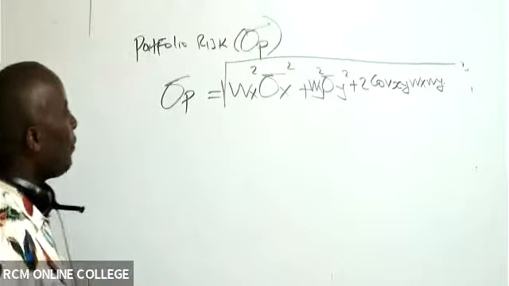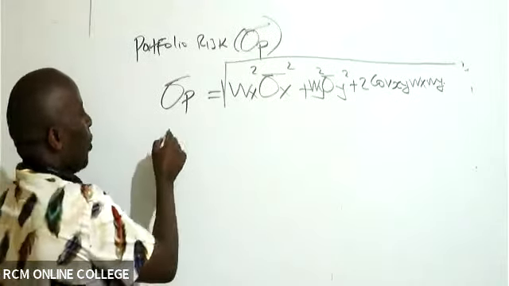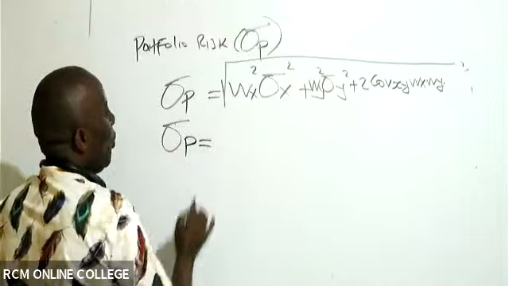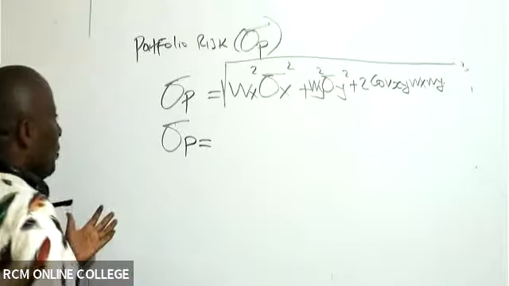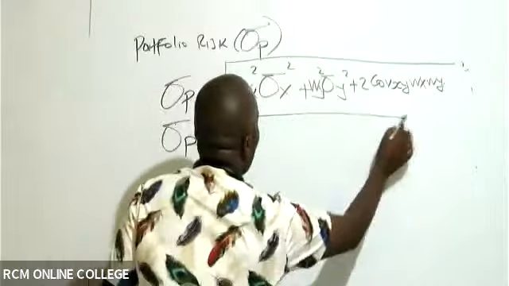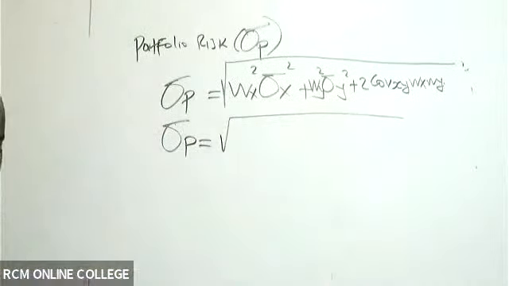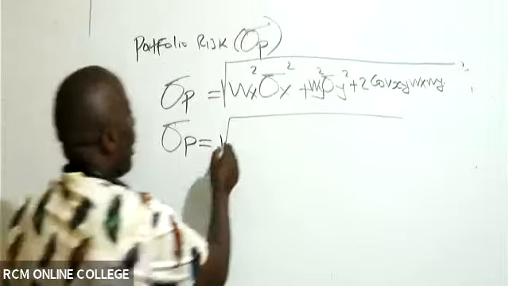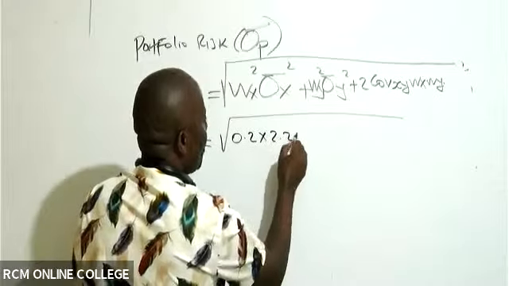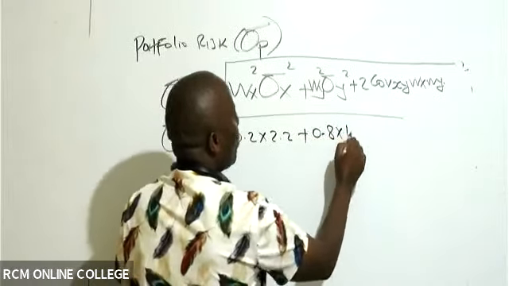So fortunately, ladies and gentlemen, we have everything here. We know that this standard deviation of the portfolio will be equal to, is there somebody who can still remind us the weight of X? Yeah, 0.2. 0.2 times 2.2, 0.8 times 1.1.